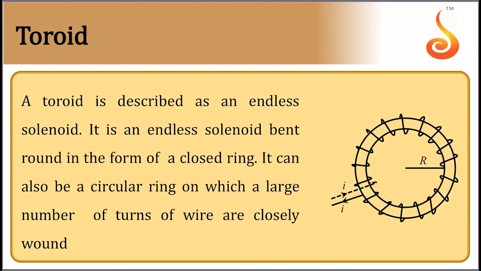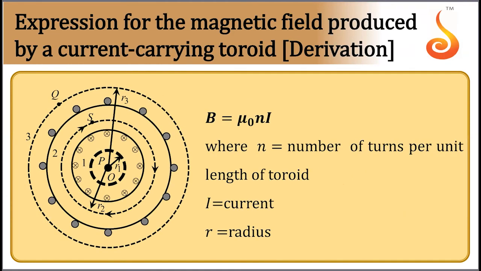So the next concept is the toroid. Note the diagram. A toroid is an endless solenoid. You can imagine it to be a solenoid whose ends are joined. The cross section of the toroid will be like this.